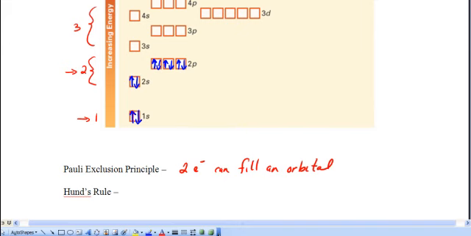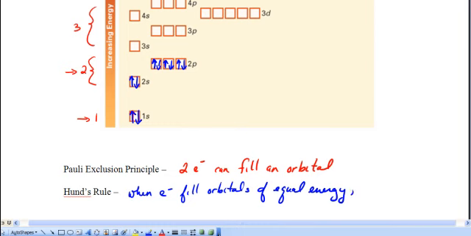Hund's rule says that when electrons fill orbitals of equal energy, one electron is placed in each orbital before pairing up.